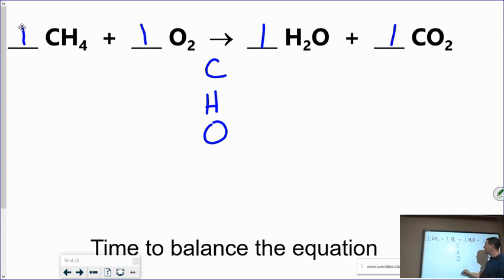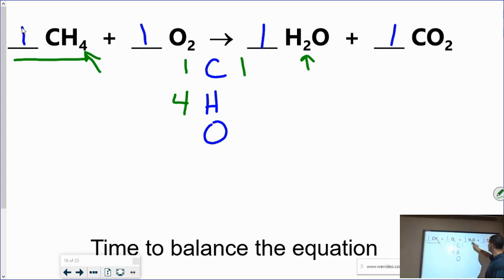So how many carbons do I have on this side? Well, I have 1 carbon. And I go over to the product side, and I have 1 carbon. And now I go to hydrogens. I have 4 hydrogens on that side. And how many hydrogens do I have on this side?